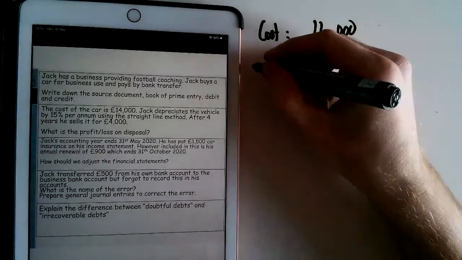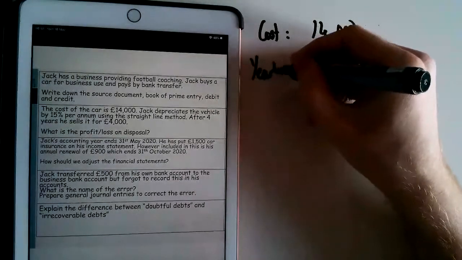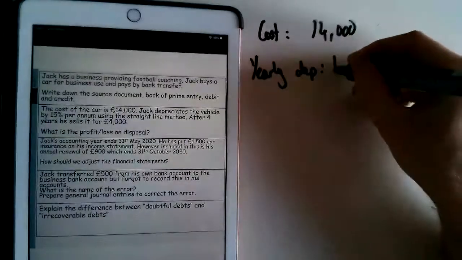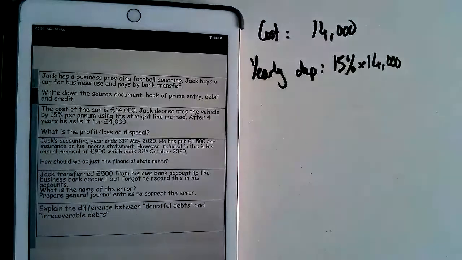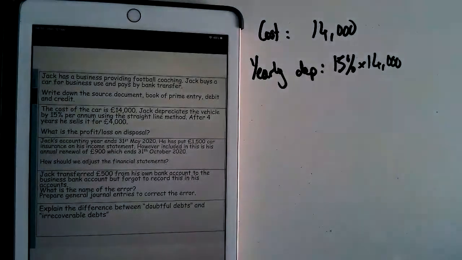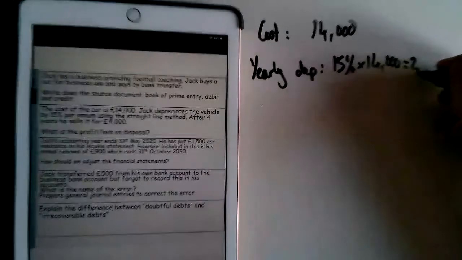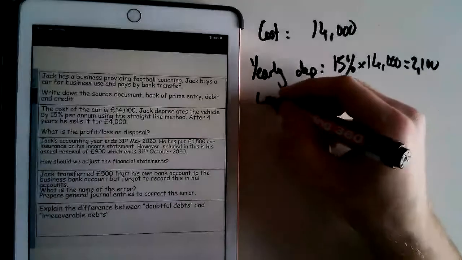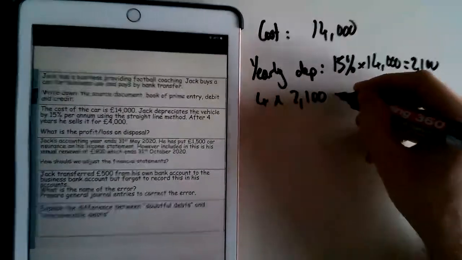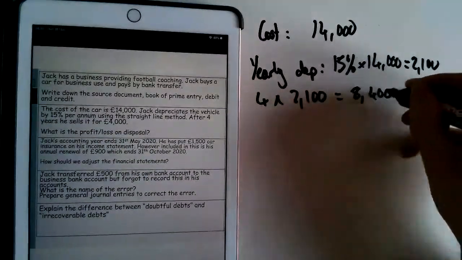To find the yearly depreciation, we do 15% of 14,000, which should give us 2,100. He has this for 4 years, so 4 times that is 8,400.